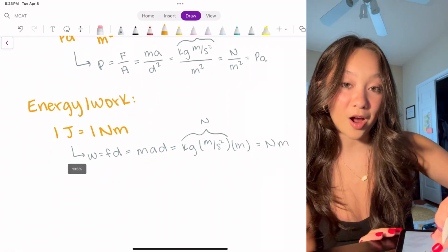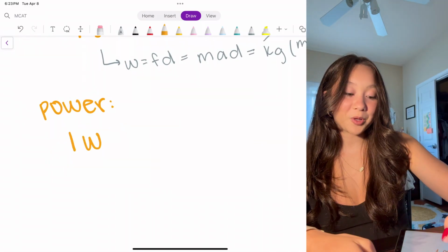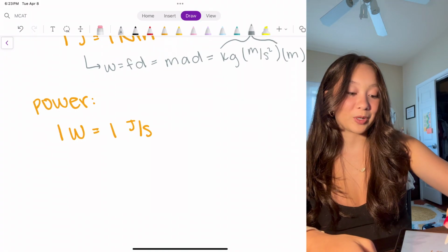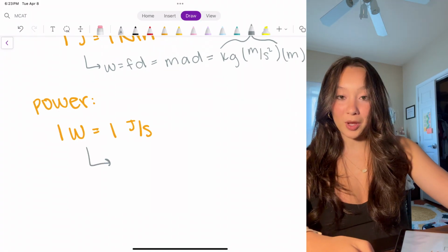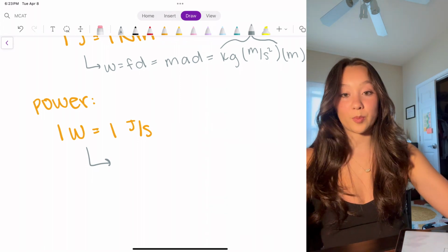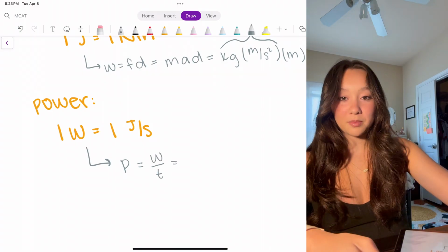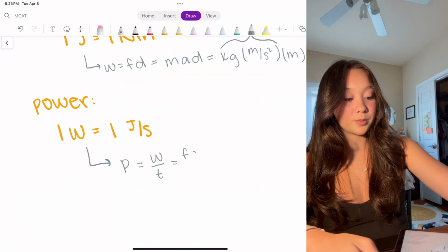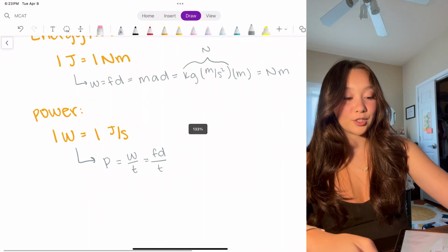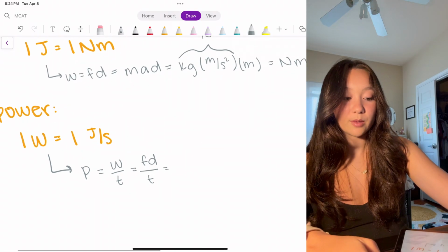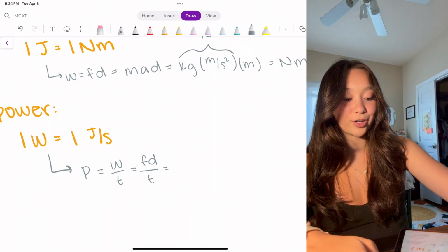Moving on to power, we have watts. So 1 watt is the same as 1 joule per second. All right, and the easiest way to show this one is the equation for power. So we know that power is the same as work over time. Work, we said above, was force times displacement over time t. So I'm going to use what we used up above, and I'm just going to skip the kilogram meters per second squared, and go straight to newtons.